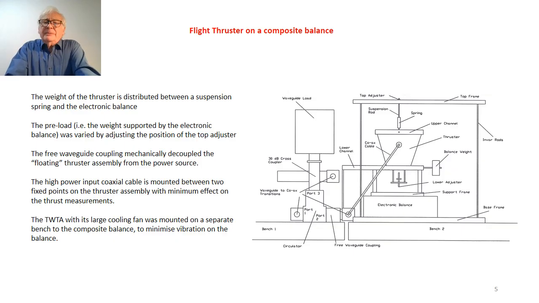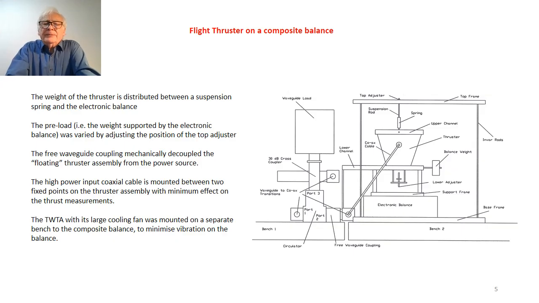thrust measurement apparatus. An important consideration is the change in distance between the two suspension points. That is the point at which the top plate meets the spring, the suspension spring, and the point at which the whole weight of the thruster is transferred through to the balance pan, if you like, on the electronic balance.